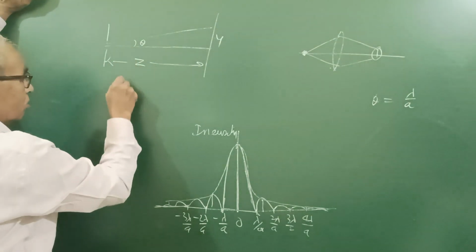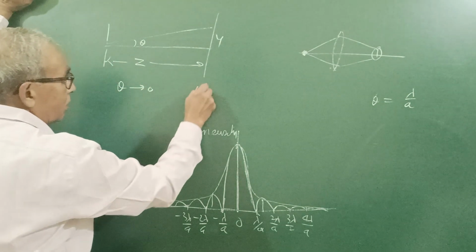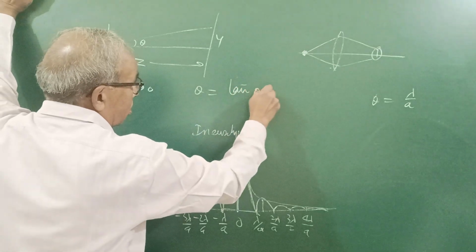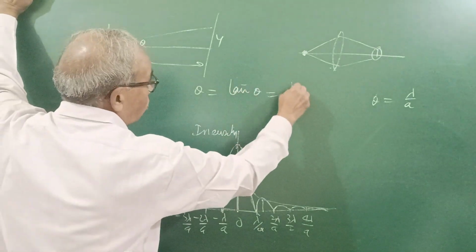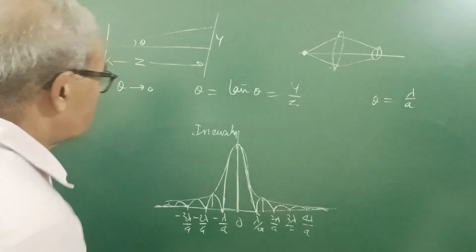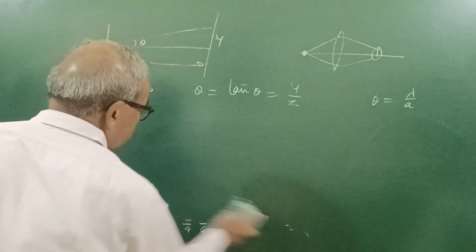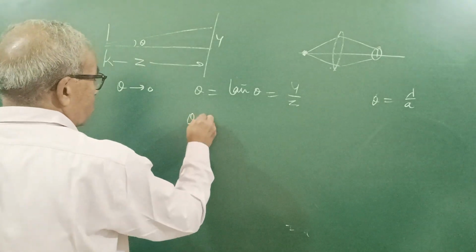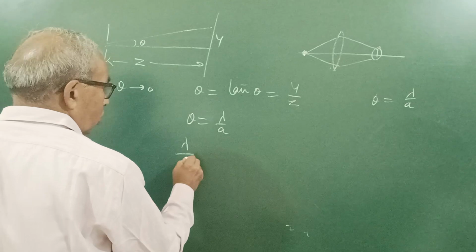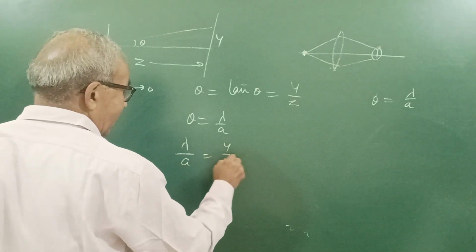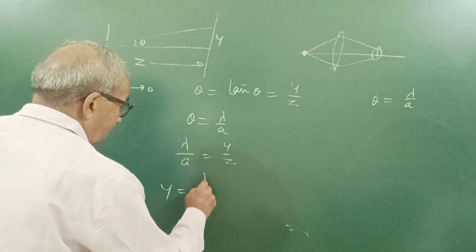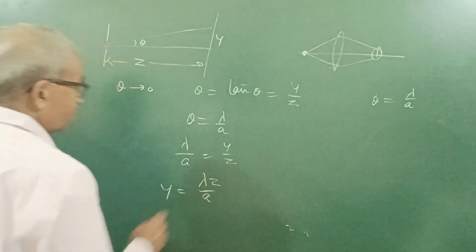If theta is small, then theta equals tan theta equals y upon z. But theta also equals lambda by a. So lambda upon a equals y by z, so y equals lambda z upon a.